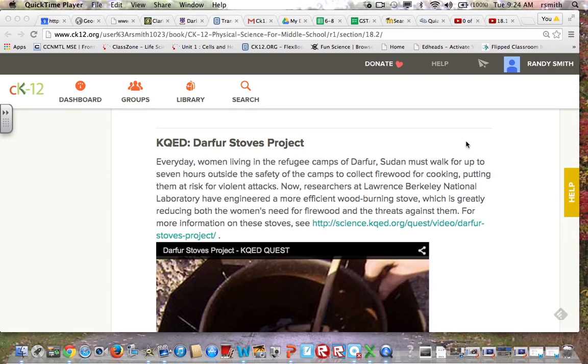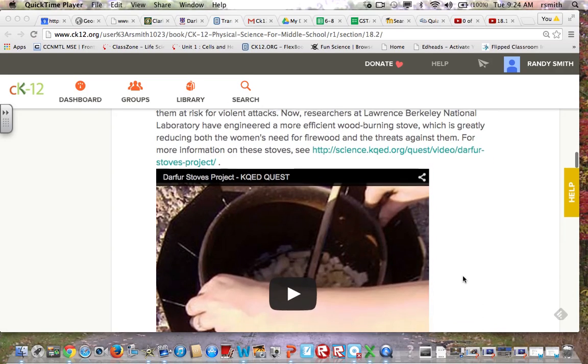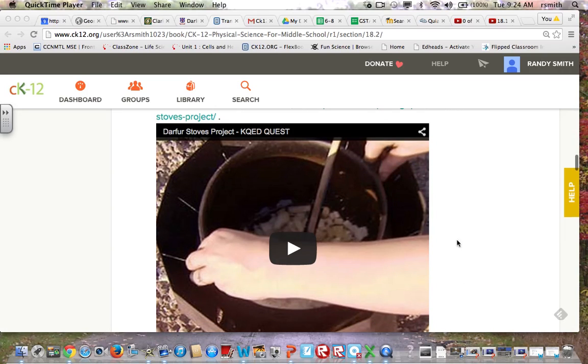Now researchers at Lawrence Berkeley National Laboratory have engineered a more efficient wood-burning stove, which is greatly reducing both the women's need for firewood and the threats against them. Whenever you take a look at this, go ahead and click on it when you're at your desk, and you can watch more of that video.